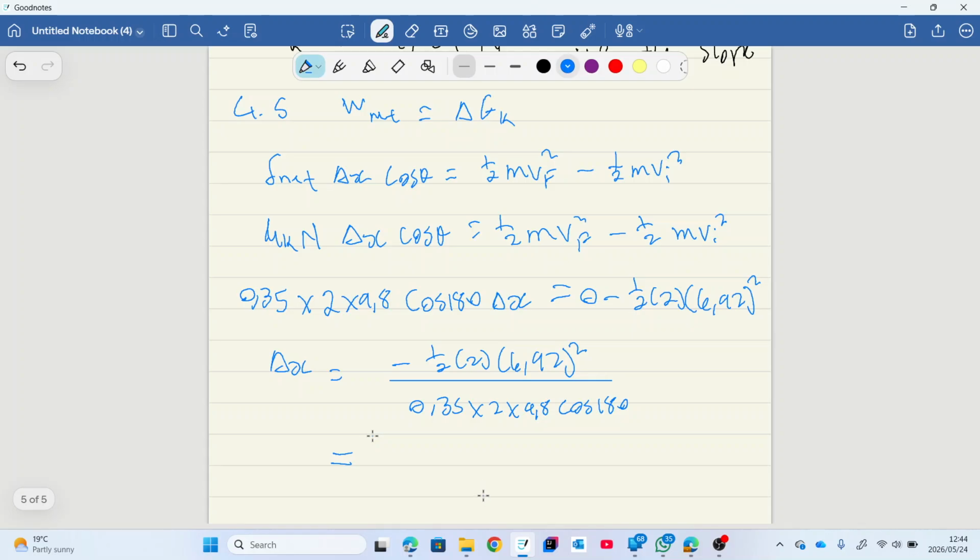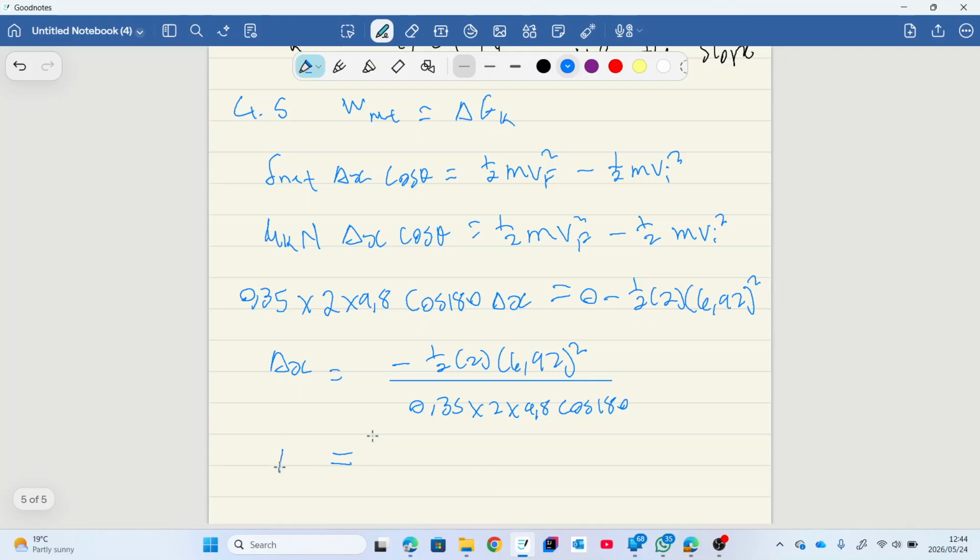Now I'm going to place it on my calculator. 0.5, oh, there's a negative. Negative 0.5 times 2 times 6.92 squared divided by 0.35 times 2 times 9.8 cosine of 180.